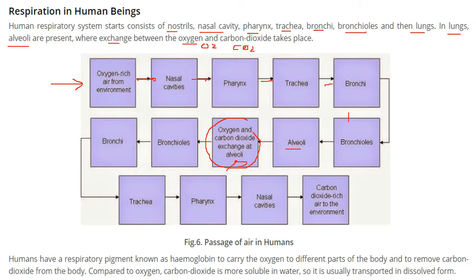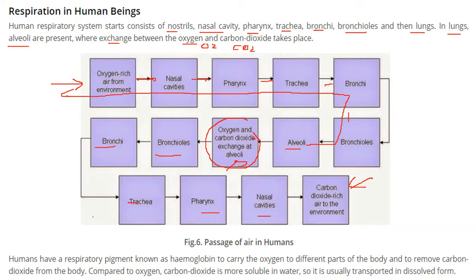Now the reverse passage takes place. It goes to bronchioles, bronchi, trachea, pharynx, nasal cavity, and then it comes out from the nostril. That means we release carbon dioxide to the environment.